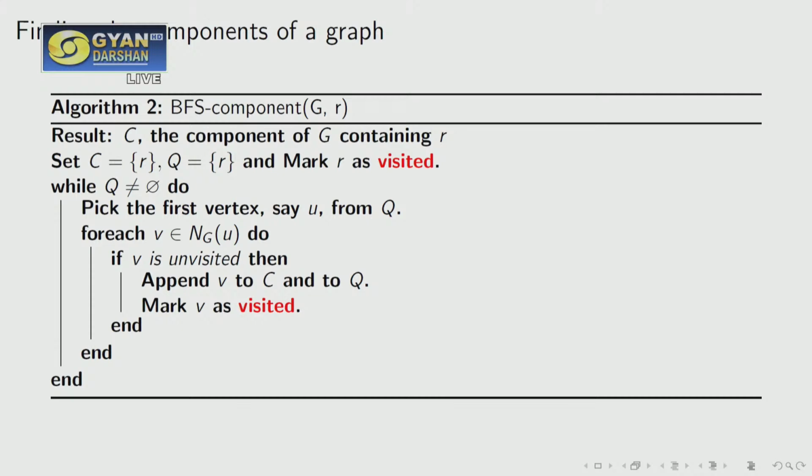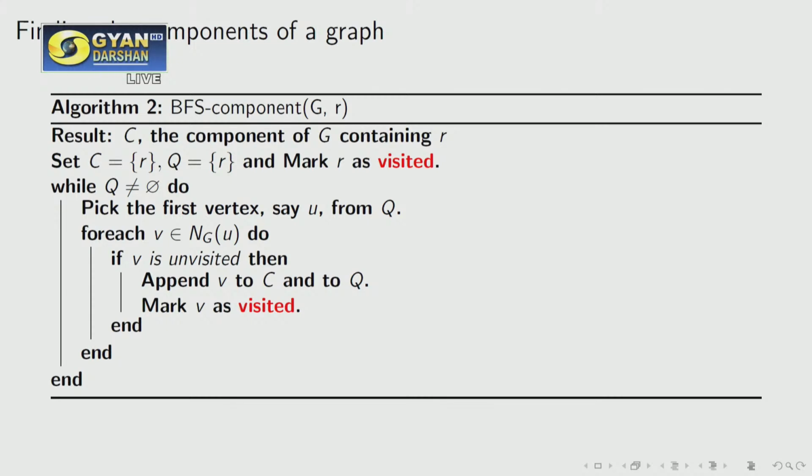Now the main loop is, while Q is non-empty, we just pick the first vertex, say U, from Q, and then for each neighbor V of U, if V is unvisited, then we append V to C and to Q, and mark V as visited.